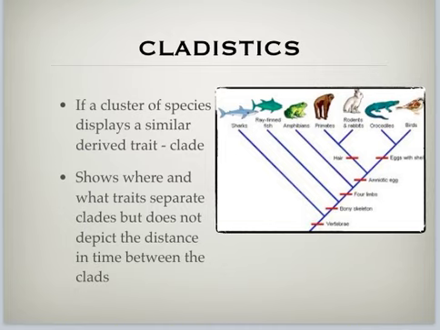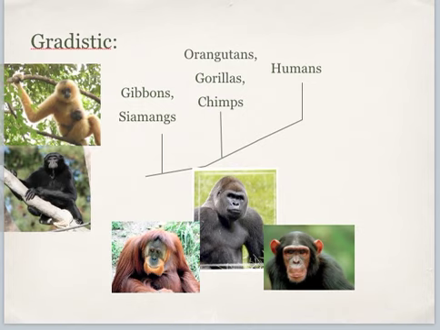Okay, so one more time, let's quickly look at how this can appear when we look at different organisms. When primates, for example, were classified in gradistic classification, gibbons and siamangs were grouped together, orangutans, gorillas, and chimps were grouped together, and us humans, Homo sapiens, we were over here. Now, as time went on, we started to use genetics a little bit more.